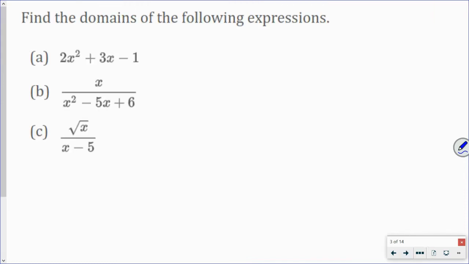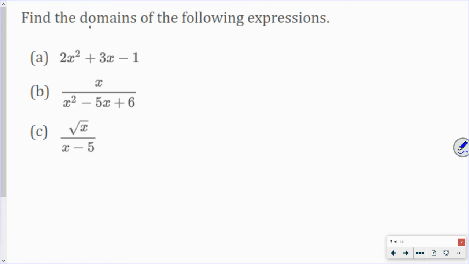So if we look at these 3 problems here, we want to look at restricting the domains. Okay, this first one is just a polynomial. And it's actually just a quadratic. It's a parabola. So when we have that, there are no bad values to put in there for x. Okay, I can choose any number I want for x.